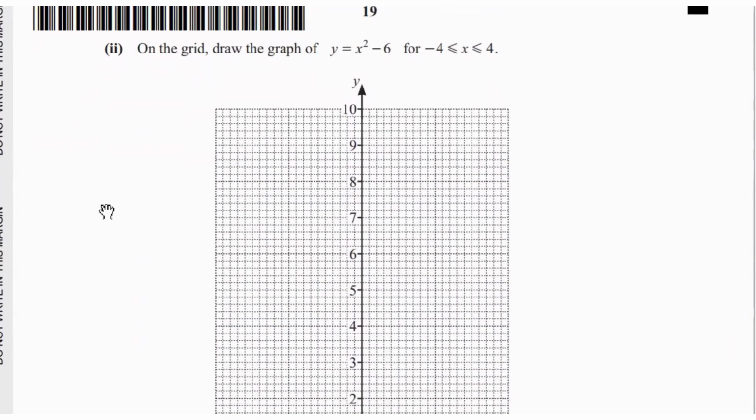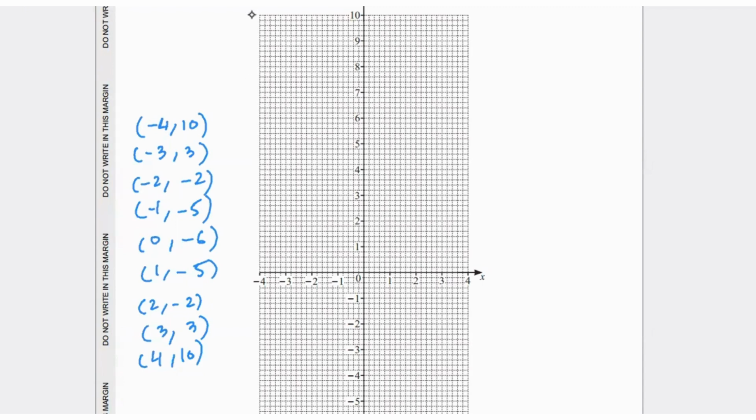Now we have to sketch the graph on the grid. So negative 4 and 10 is over here. Negative 3 and 3 is over here. Negative 2 and negative 2 is over here. Negative 1 and negative 5 over here.